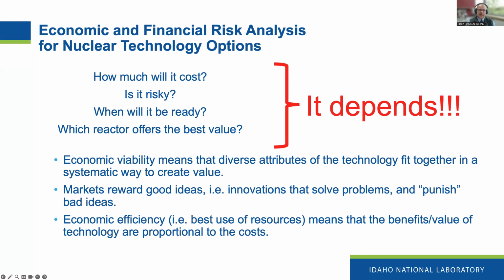And so related to that is the notion of what's referred to as economic efficiency. And what economic efficiency drives at is the best value of society's resources, the most value given society's resources being created. Well, what does that mean? It means a couple of different things. It means that the benefits of the technology or the benefits of the item being considered are proportional to the costs of those things being considered, that the costs do not outweigh the benefits, number one.